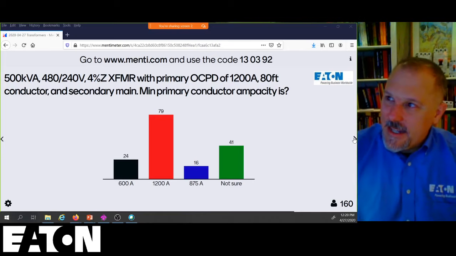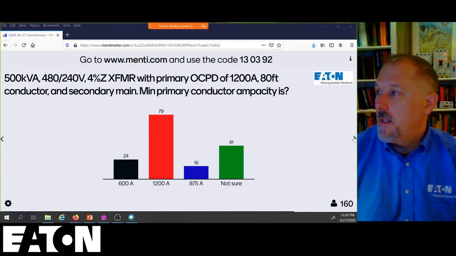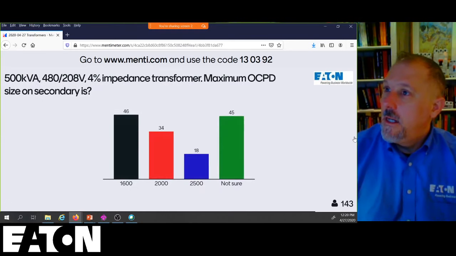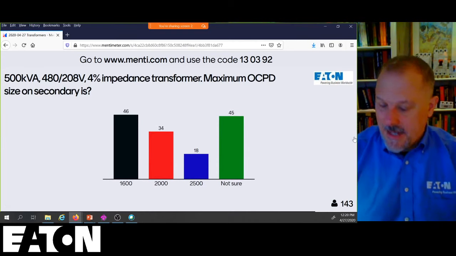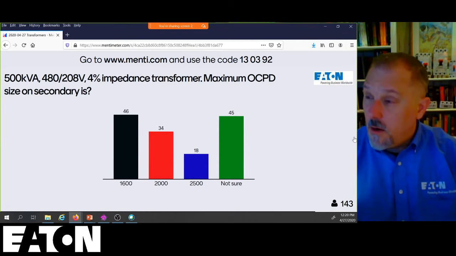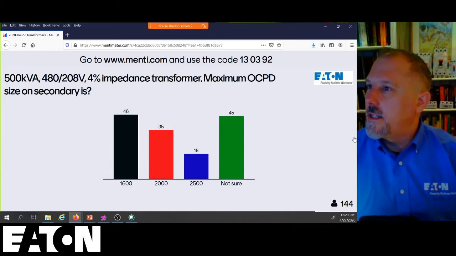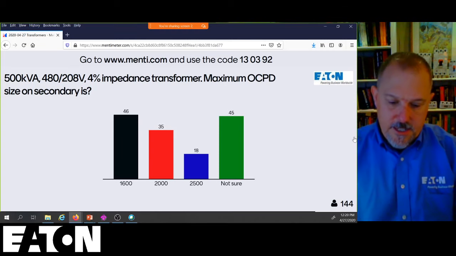But in any case, we're going to cover this in detail. But you've got to protect a conductor at its ampacity. All right, so this is 4% maximum overcurrent protected device on the secondary. I'm going to have to get my calculator out. So maximum is 1.25 times the secondary full load amps.